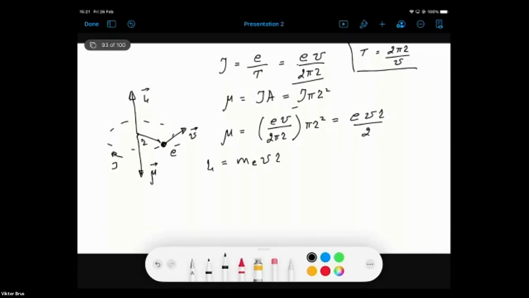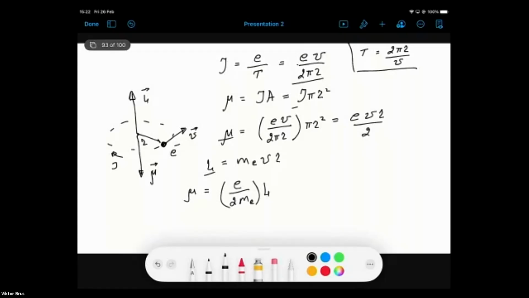And if we now express mu in terms of L, we get the following equation: mu equals the electric charge of the electron over 2 m(e) times L. So we now have an equation which provides the relationship between the magnetic moment of this tiny current loop caused by the electron moving around the nuclei and its angular momentum.